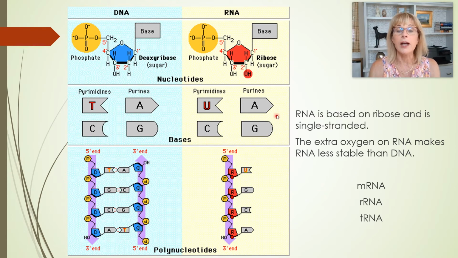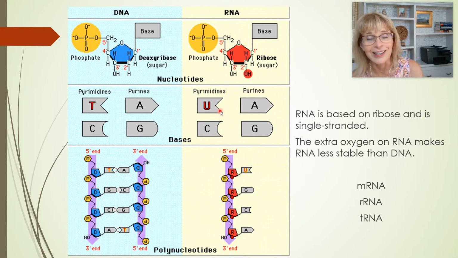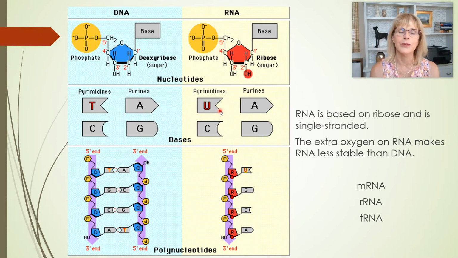Now, bases. I told you that the DNA bases adenine, guanine, and cytosine are the same, but that the thymine used by DNA has a substitute in RNA, and it's this one, the U, which stands for uracil. U-R-A-C-I-L, uracil. Right? But other than that, there still are the same rules of complementarity.